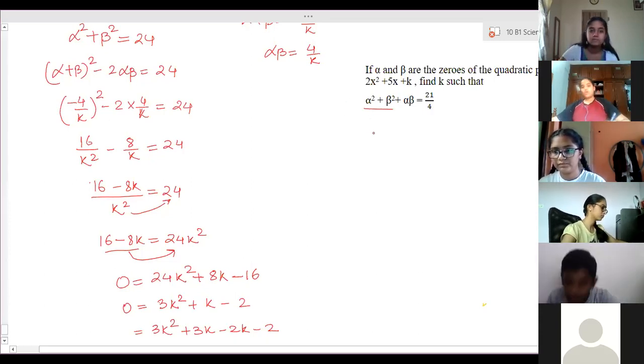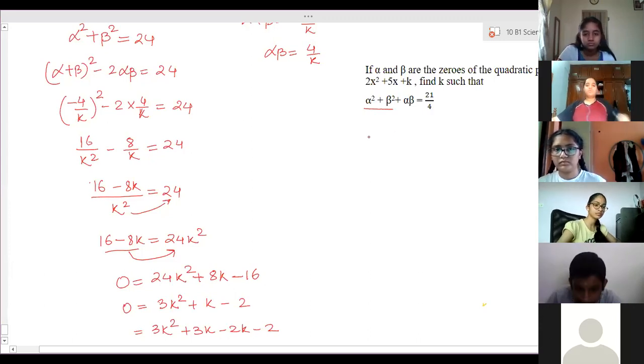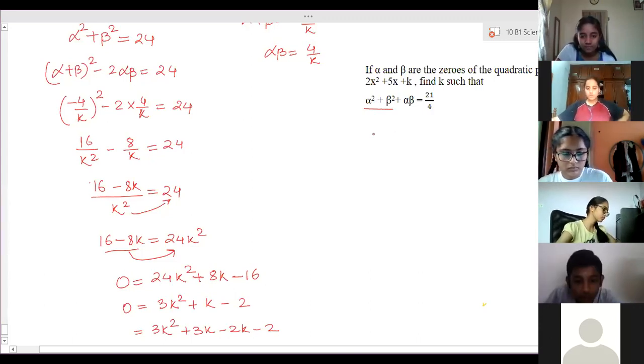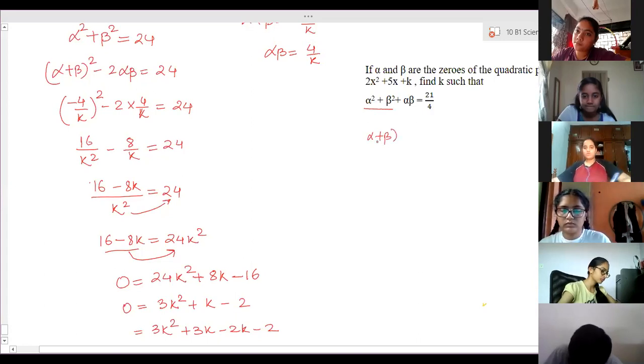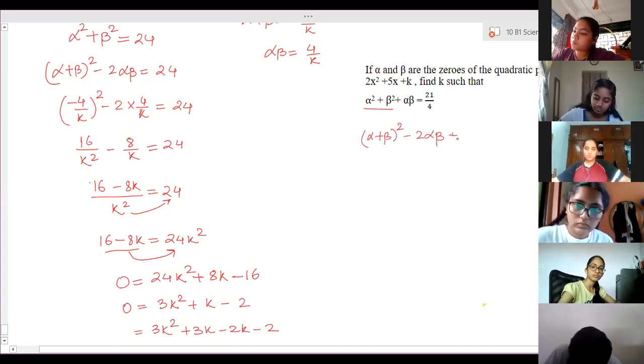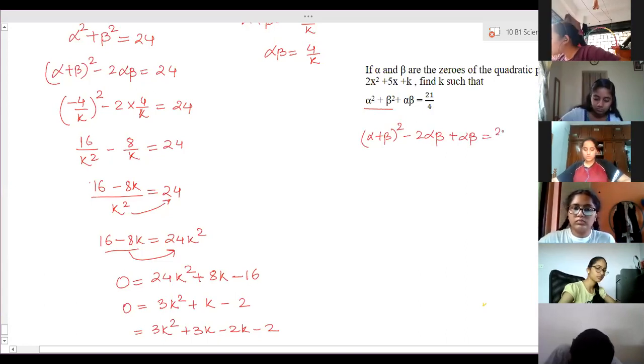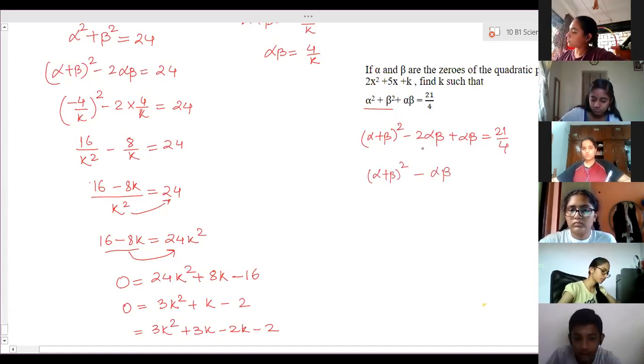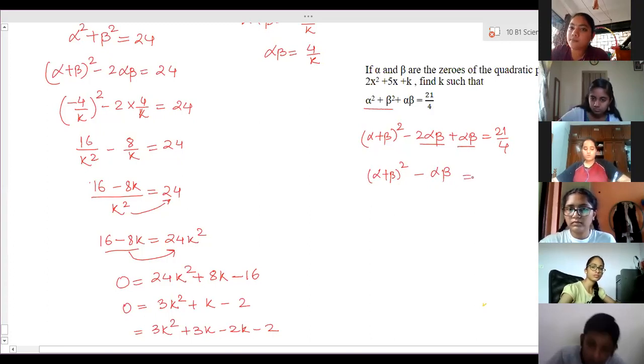Alpha square plus beta square, how to write? Alpha plus beta the whole square minus 2 alpha beta, and then this is plus alpha beta is equal to 21 by 4. So simplify: alpha plus beta whole square, minus 2 alpha beta plus alpha beta will become minus alpha beta, that is equal to 21 by 4.